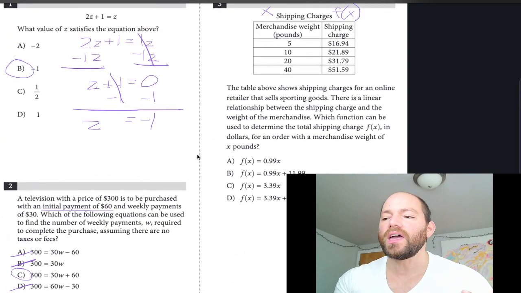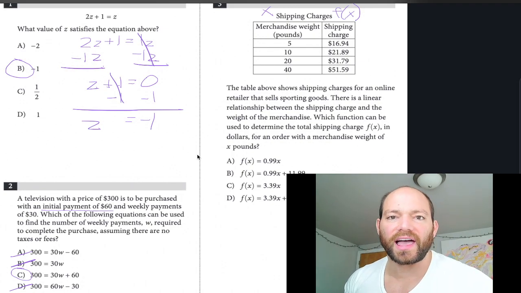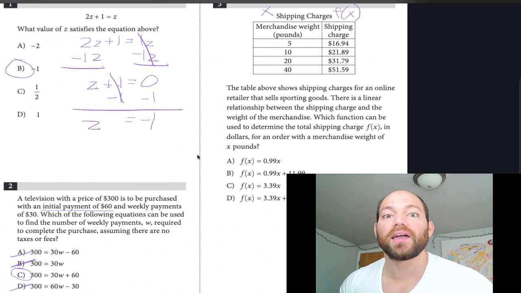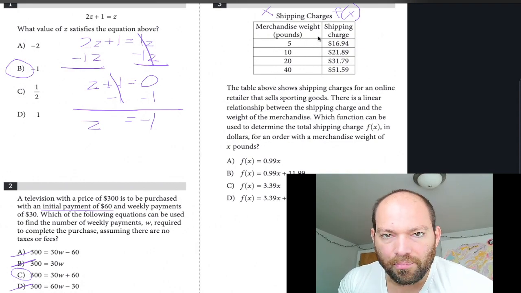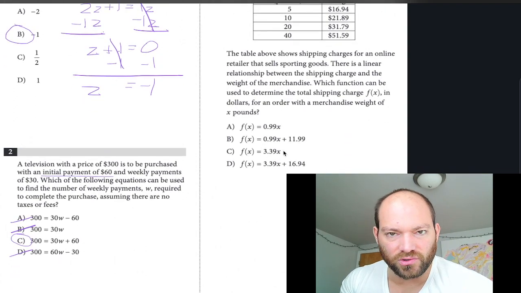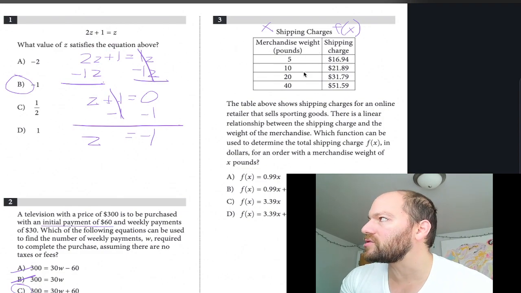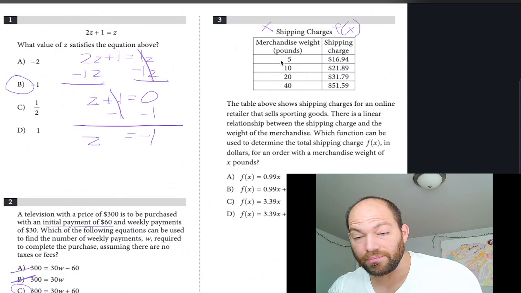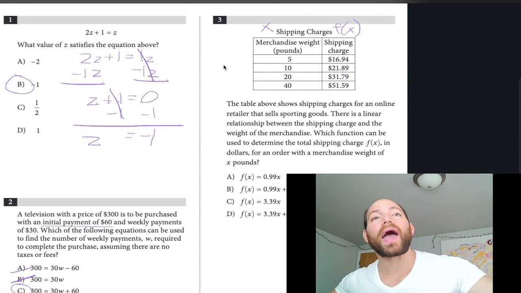What we're going to be doing is what I want you to always do when you're in a situation like this. And here's what I mean by a situation like this. I mean, they give you data above the question and equations in the answer choices. And by data above the question, I mean a table of values like this, or a graph.